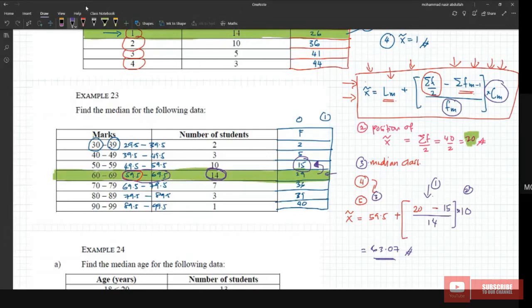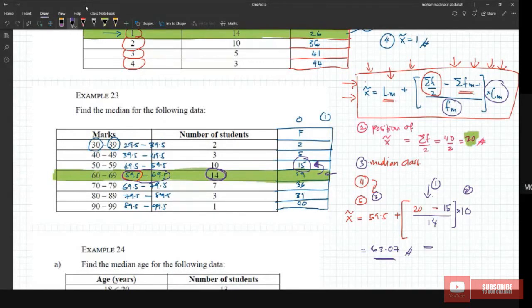So how to interpret this one? So 50% of the students having marks less than 63.07, while another 50% of the students having marks more than 63.07.